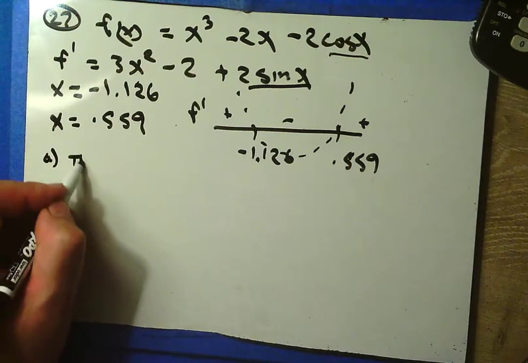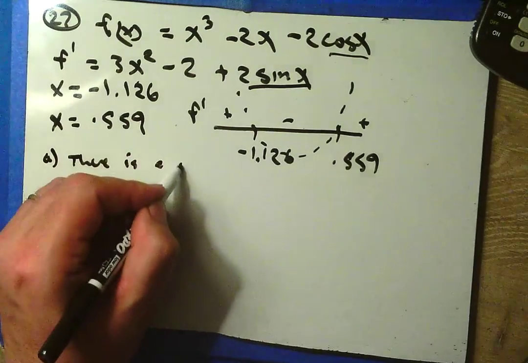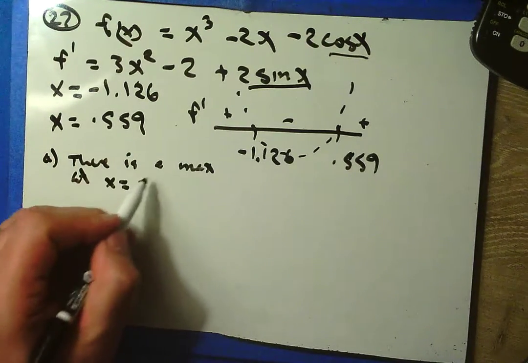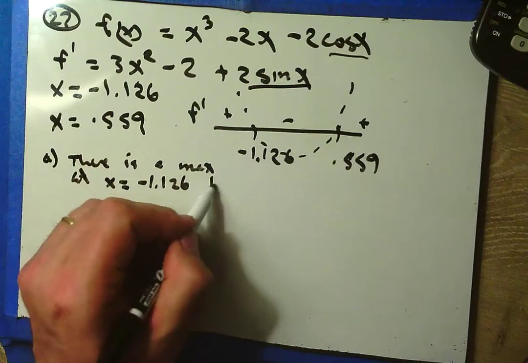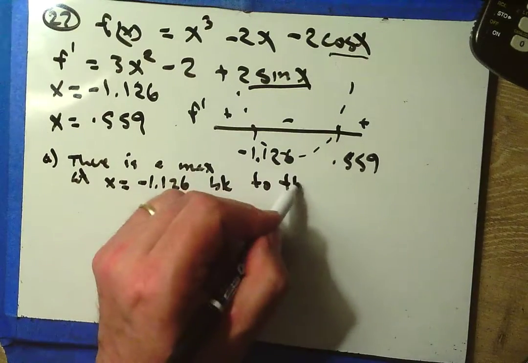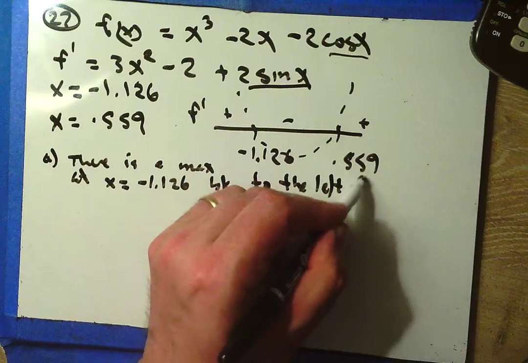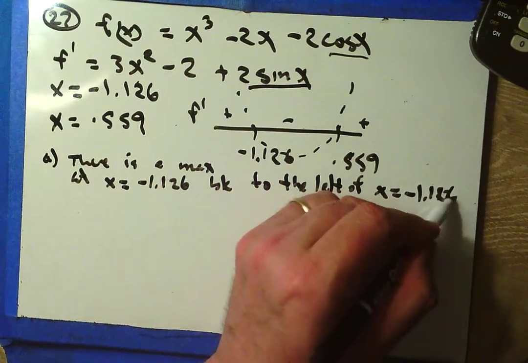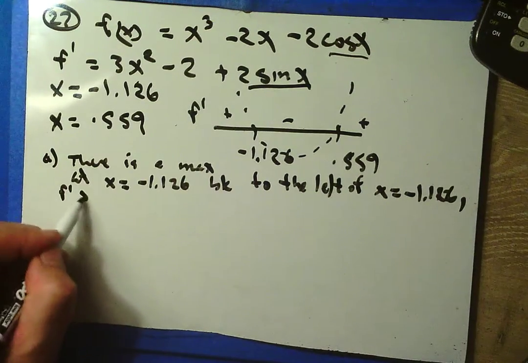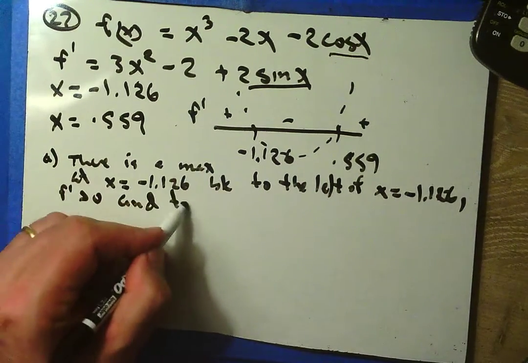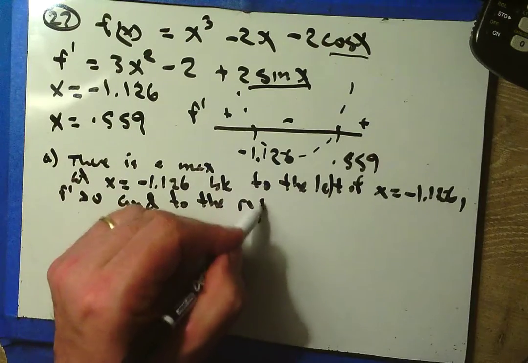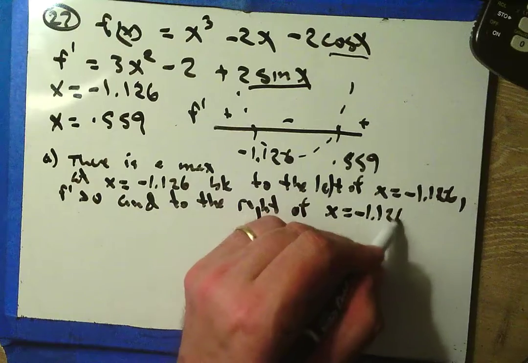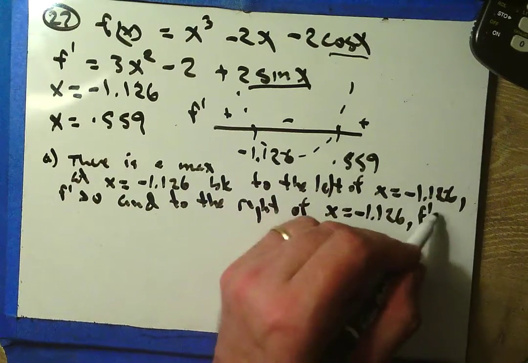Part A, there is a max at x equals negative 1.126 because to the left of x equals negative 1.126, f prime is greater than 0, and to the right of x equals negative 1.126, f prime is less than 0.